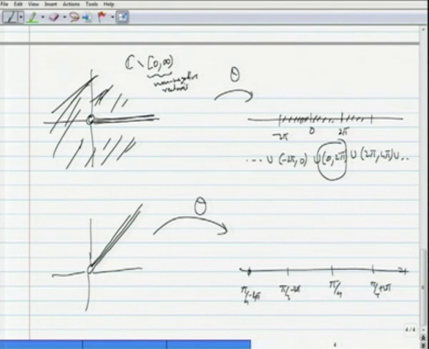So, you are actually deleting these points from the real line via theta. So, you have these open intervals whose union is in the range of this multifunction theta.